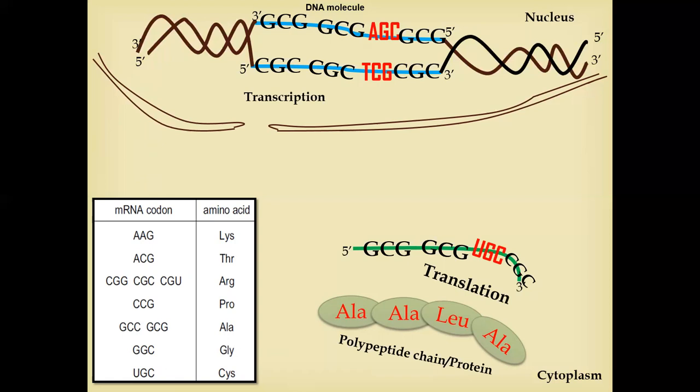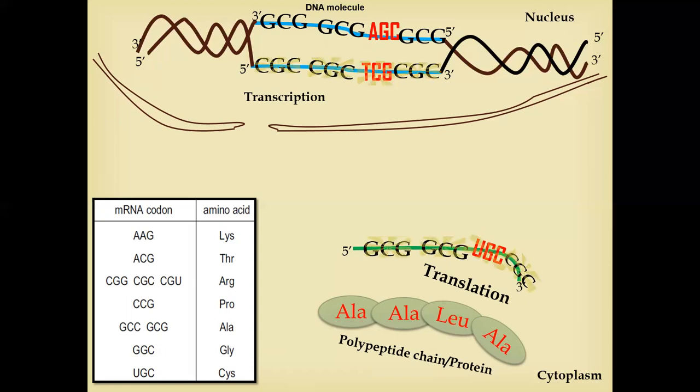So the examiner can give us the sequence of the gene or the DNA, and we are supposed to convert it into the opposite sequence on messenger RNA, match this sequence from the table and identify the sequence of the protein.